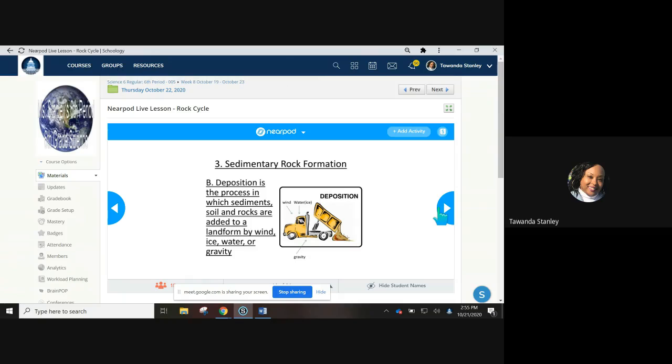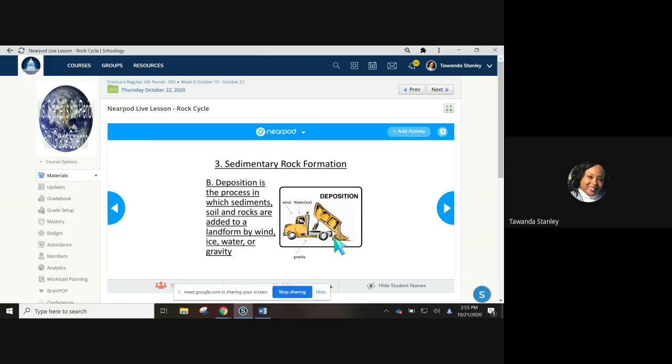Deposition is the process in which sediments, being small pieces of rock, soil, and rocks, are added to a landform by wind, ice, water, or gravity. So right here, this truck is representing the wind, the water, the ice, and the gravity. And the deposition is the rocks and the soil and the cement being added here. If you notice with the truck, if it pours the rocks, the soil, and the sediments here, they're going to pile up.